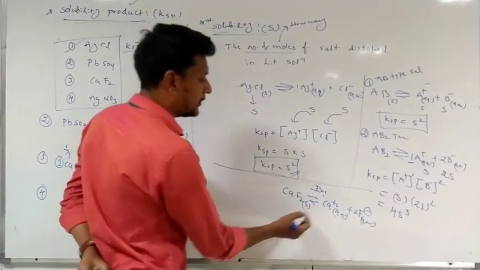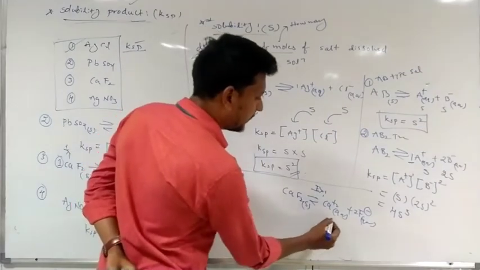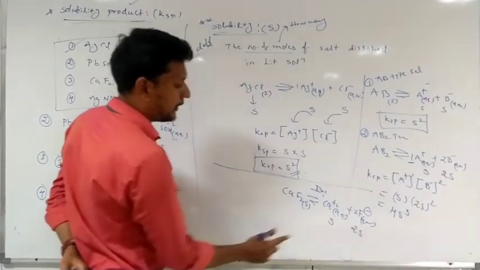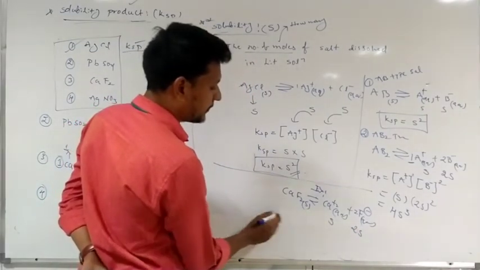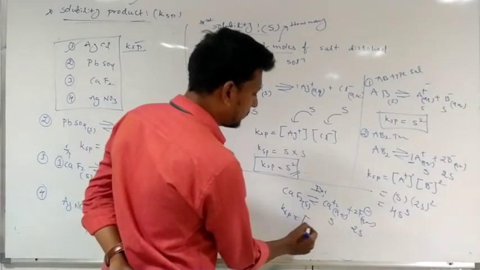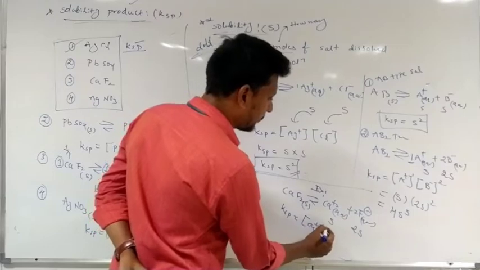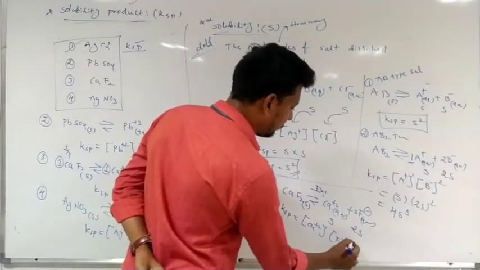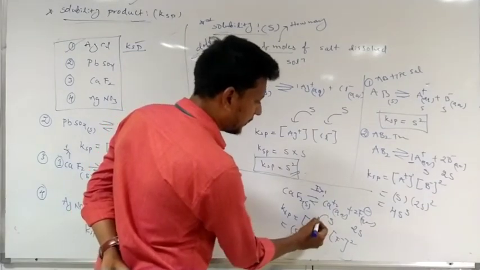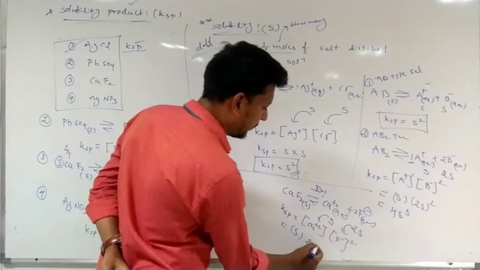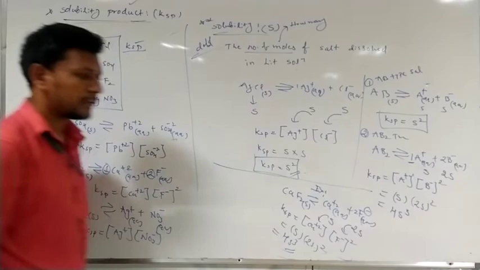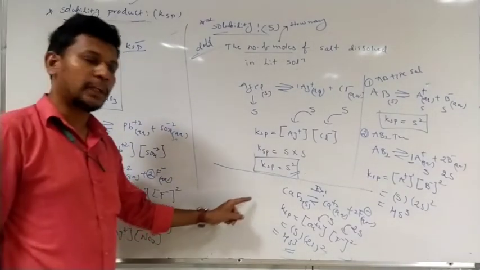Here Ca is S and F is 2S. Ksp is equal to the concentration of Ca 2 plus times the concentration of F minus to the power 2, that is S into 2S squared, which is 4S cube. In this manner we have to find the solubility.